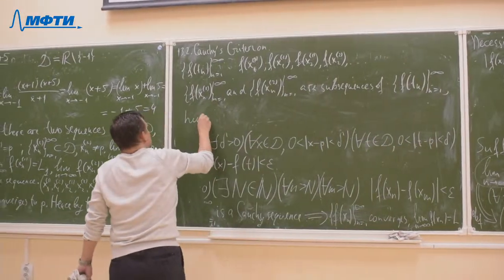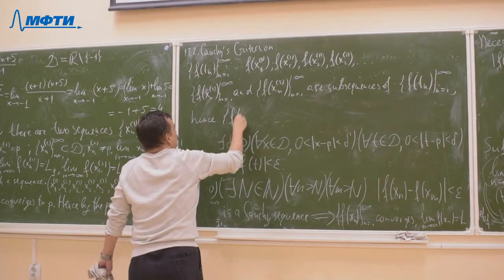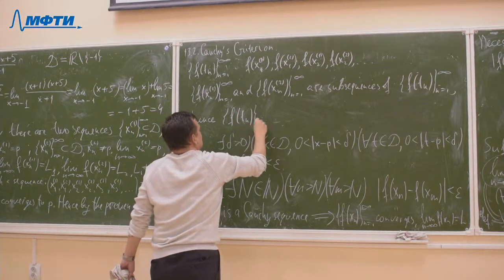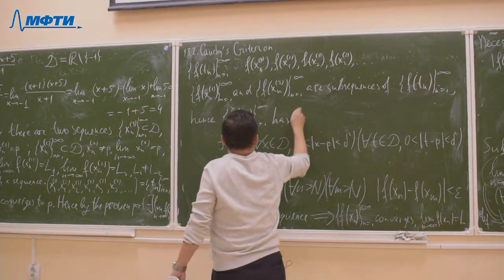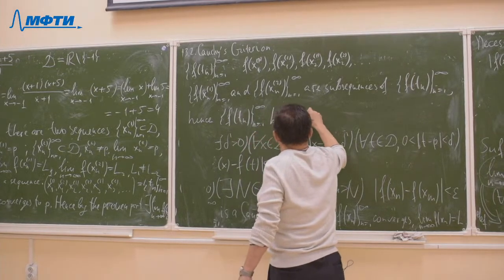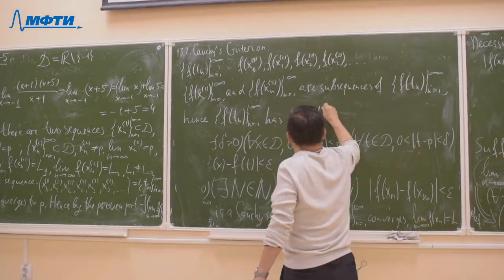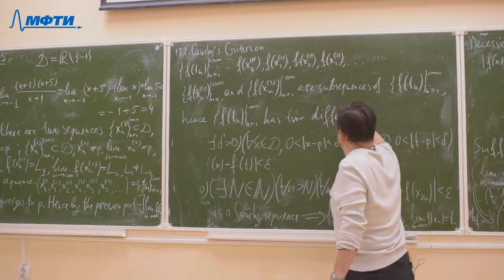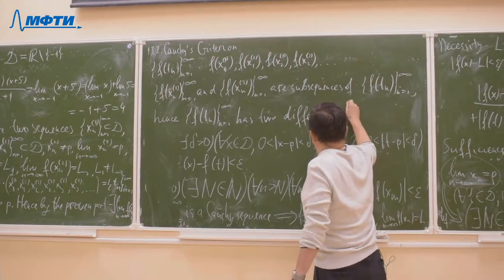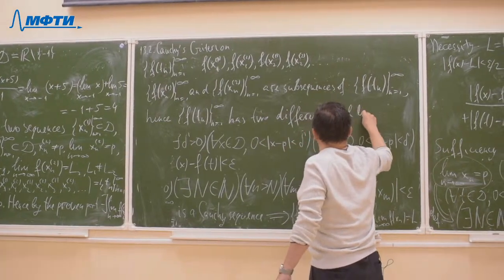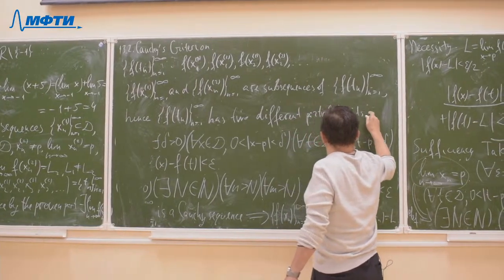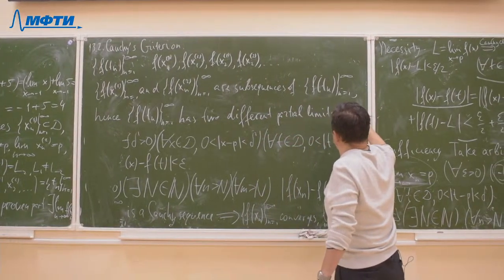Hence, f of x_n has two different partial limits, L1 not equal to L2.